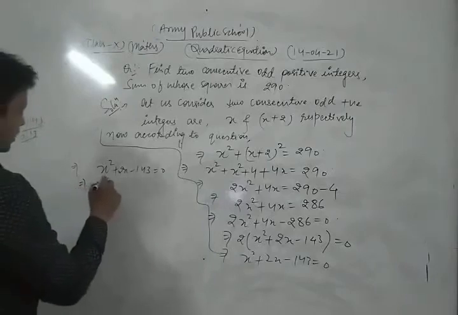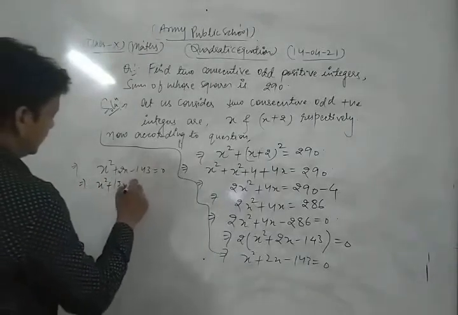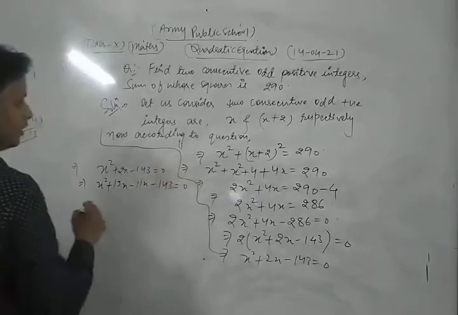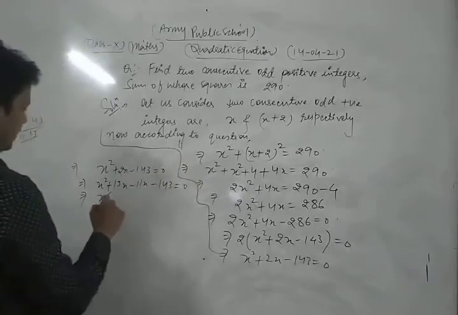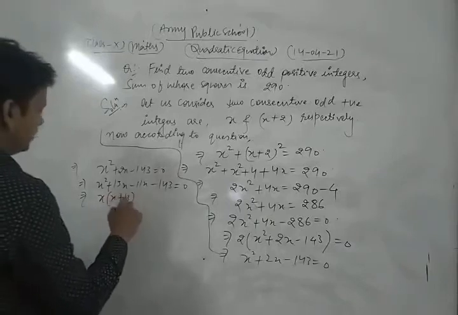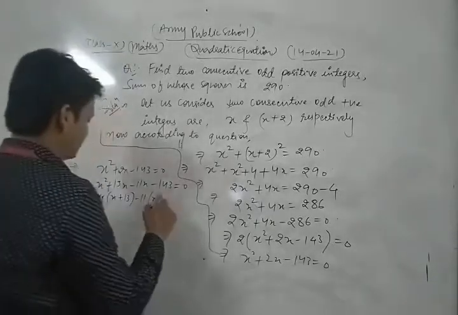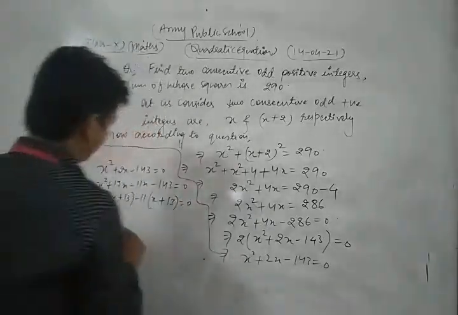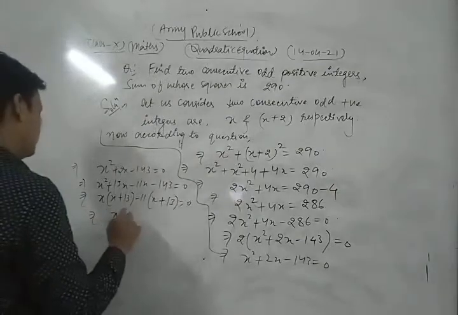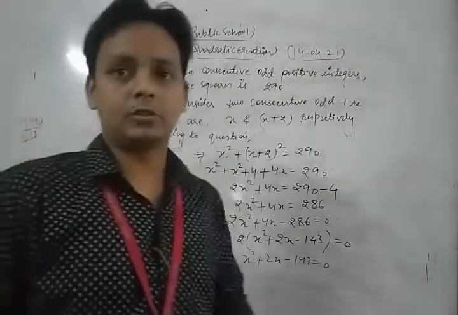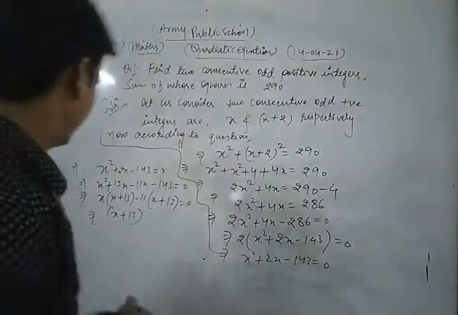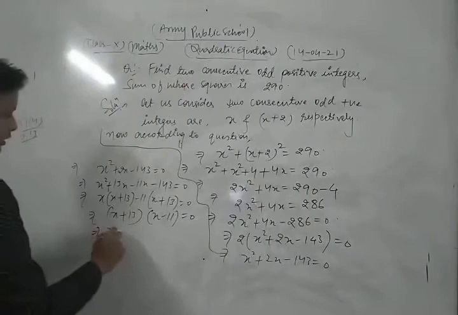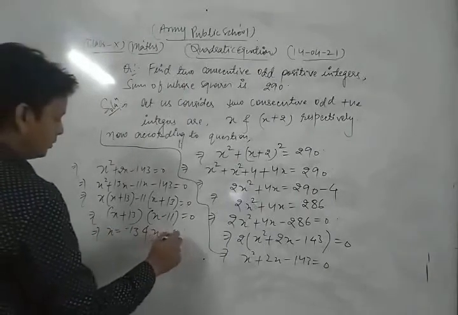So we get x square plus 13x minus 11x minus 143 is equal to 0. Taking x common, we get x into (x plus 13) minus 11 into (x plus 13) is equal to 0. So (x plus 13) in one bracket and (x minus 11) in one bracket is equal to 0. Thus the value of x is minus 13 and the value of x is plus 11.